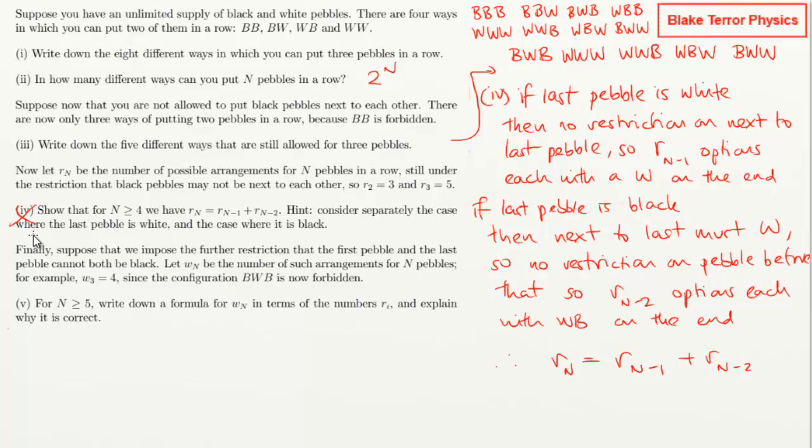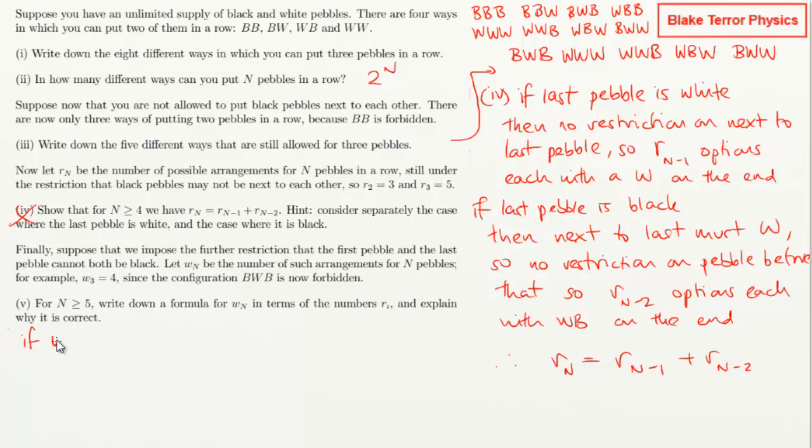Right, for n greater than or equal to 5, write down a formula for Wn in terms of Ri and explain why it's correct. Okay, right, so we've got various options here, haven't we? The first and the last pebbles can't both be black. So, right, this is going to be interesting though.